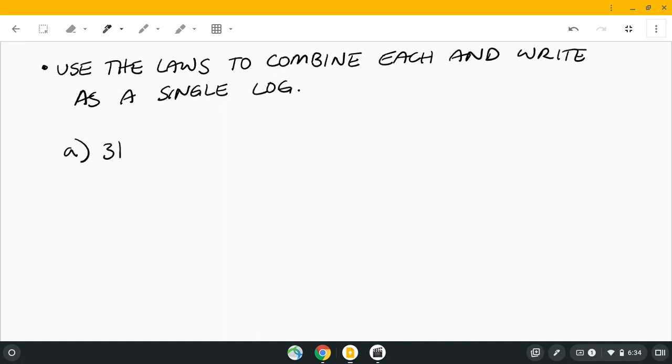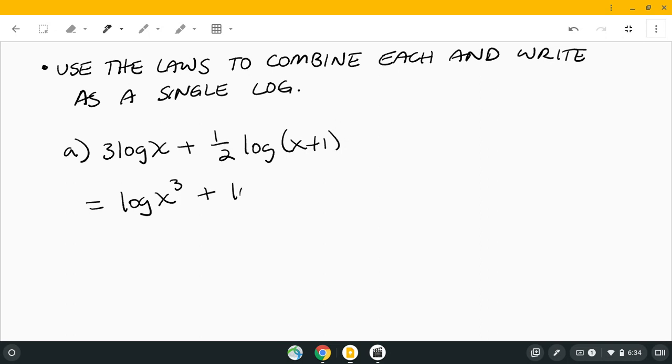Suppose I have this: 3 log x plus 1/2 log of x plus 1. Okay, so I have these coefficients out in the front, so I'm going to go ahead and write them as exponents. I'm going to rewrite this as log x cubed, and this one as log of x plus 1 to the 1/2.